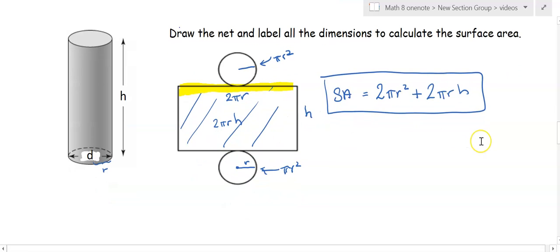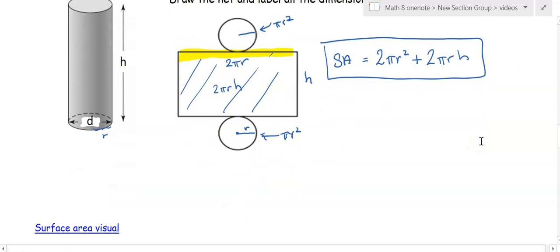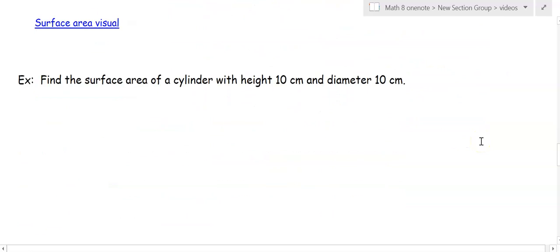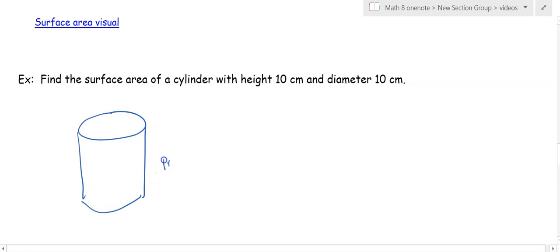So we can just use that formula now when we want to calculate the surface area. So if I gave you a cylinder with a height of 10 and a diameter of 10, so that distance all the way across was 10, we could use our formula. Surface area equals 2 pi r squared plus 2 pi r h.